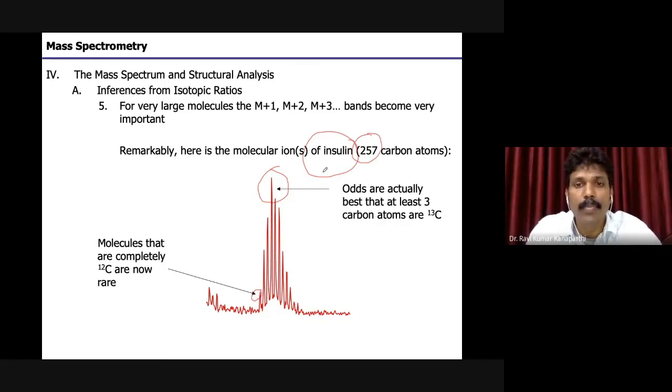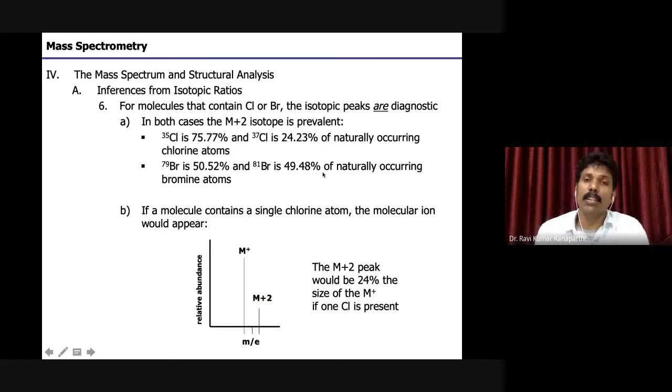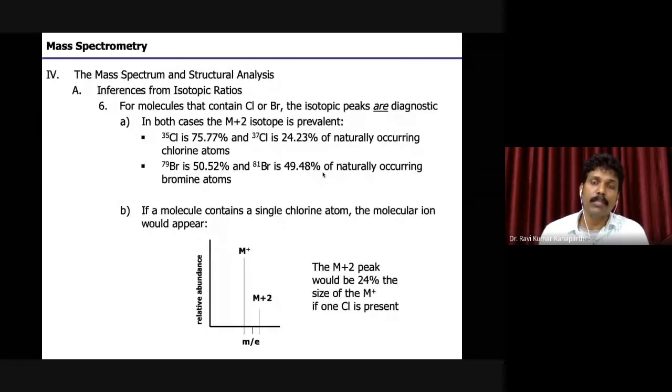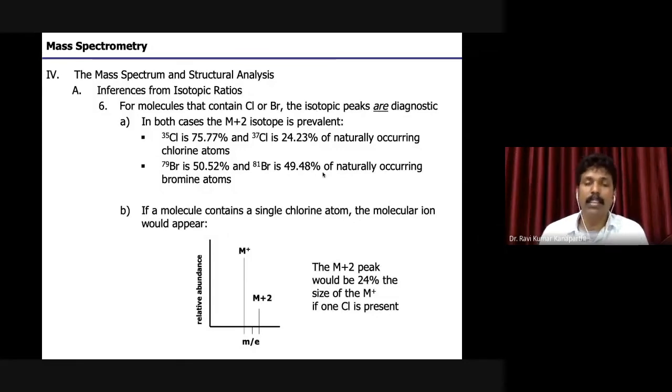Right, and then another interesting thing that we should remember is about the halides. Halides give good isotopic peaks, which are really diagnostic peaks to say whether a particular element is present or not.